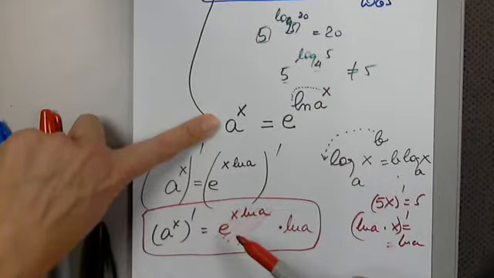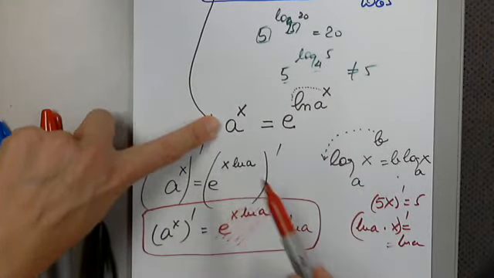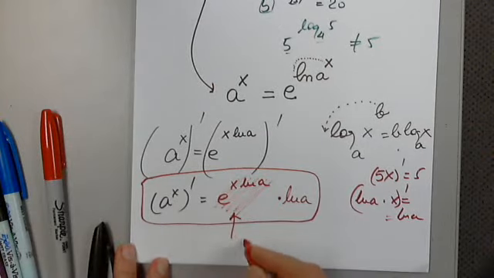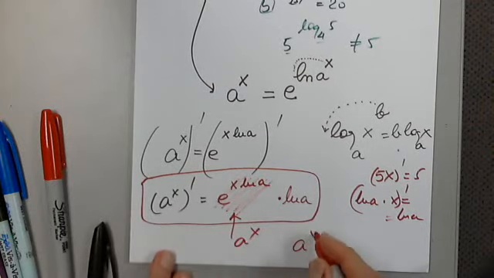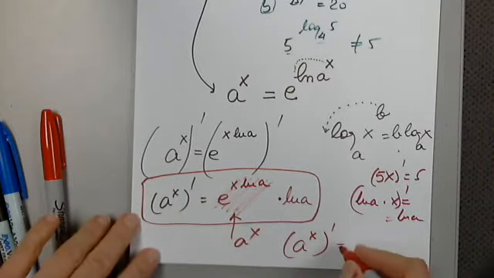Right? E to x natural log a is a to the x. I'm going to replace it. So whenever we differentiate an exponential function with a base of any number but e, what do we get again?